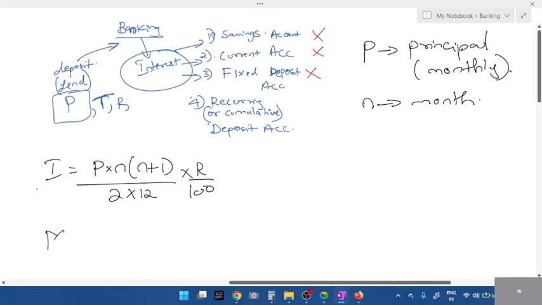Next we have the MV formula. Maturity value. As you all told me, amount. First complete all this. Once you're done, let me know.